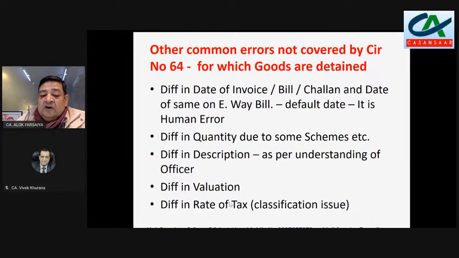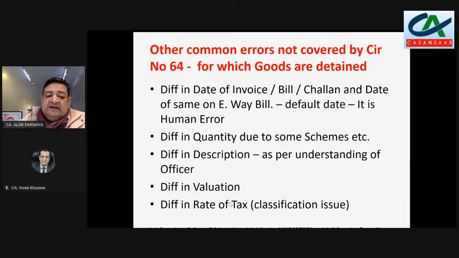A very common problem is coming up, not in the entire country, but in some states, where they are raising the issue of valuation. The officer who is intercepting the vehicle checks the goods and says that this is a transaction of undervaluation, especially in the states of UP and MP. They came out with a circular that officers on road should not disturb the valuation issue, nor can they disturb the rate of tax issues.